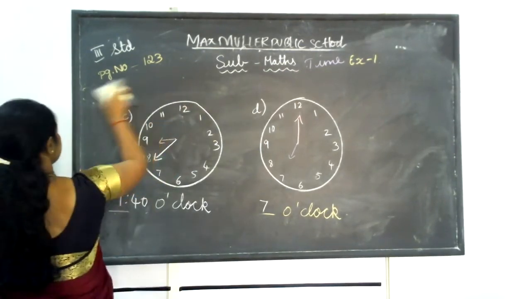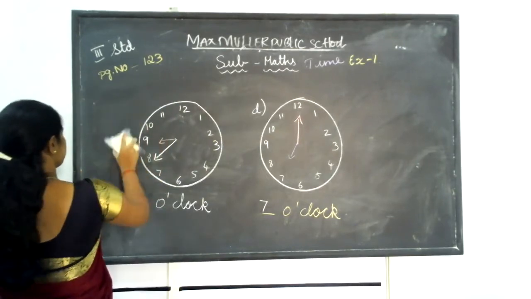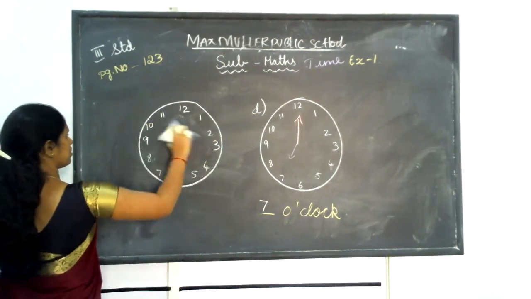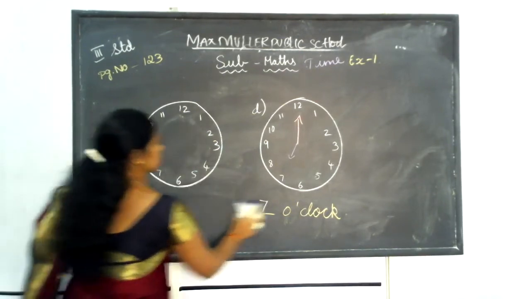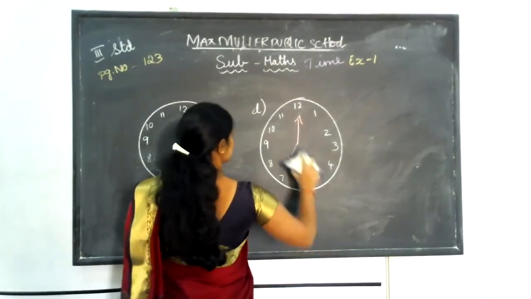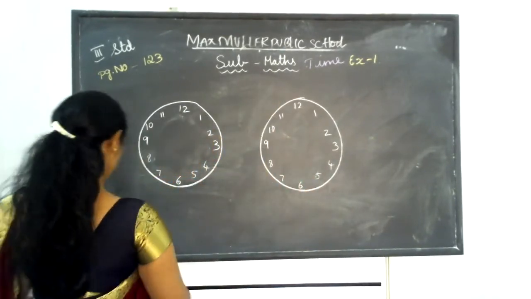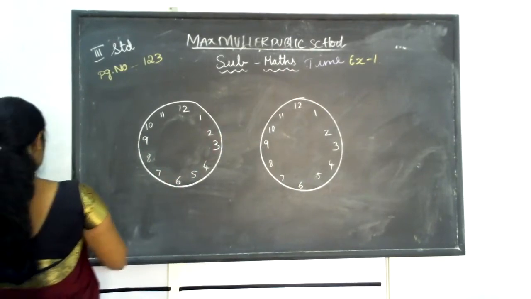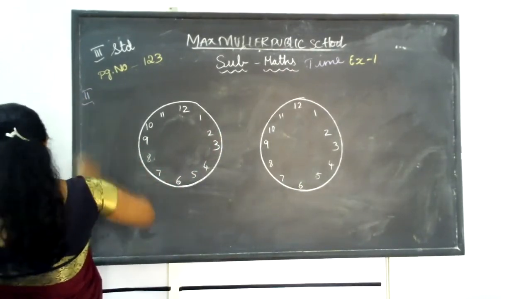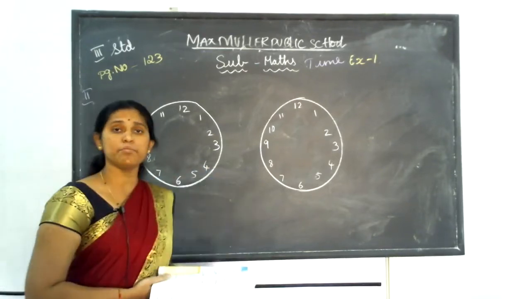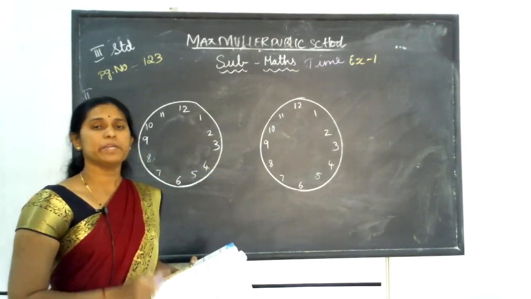Second main, you see. Second main, draw hour hand and minute hand. Hour hand means what? Short hand. Minute hand means the long hand.